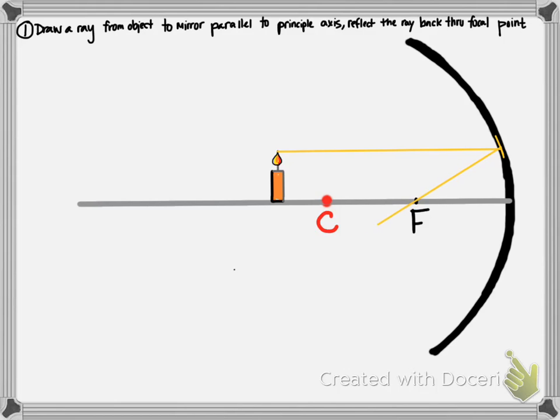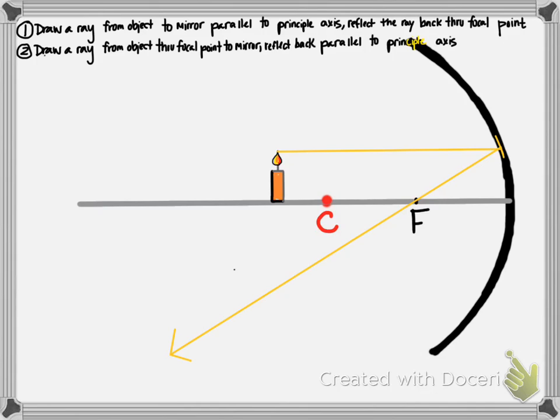That ray gets reflected back through the focal point. Okay, second ray. Second ray goes from the object through the focal point to the mirror. There's my inbound ray. And then it reflects back parallel to the principal axis.